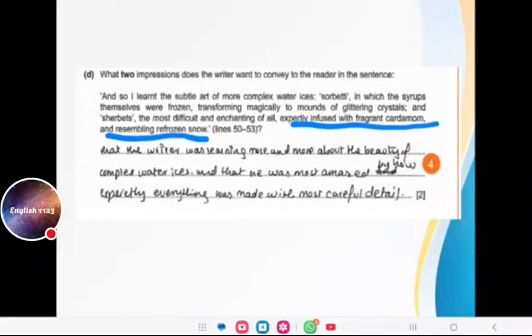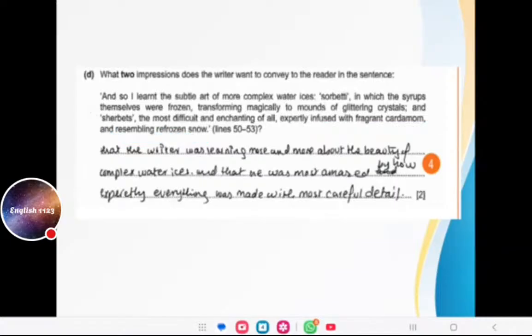There is no need to be scared of this kind of question. Just give yourself some time, read them, come up with as many impressions as possible, and then go for the two most important. If I had to write this, I would have written that first, I learned the art of complex water ices, and second, that I expertly infuse the aroma into those ices. These are the two impressions that he is trying to give us from there.